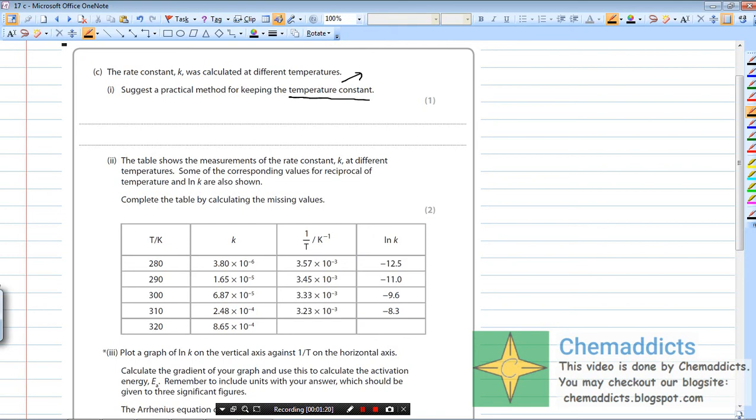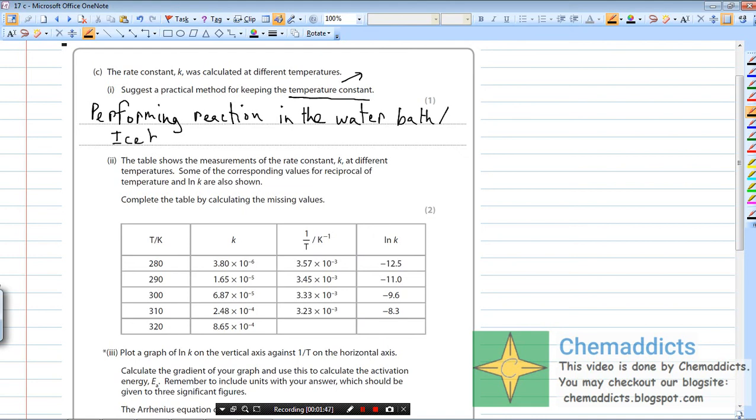So the answer to the first question is performing the reaction in the water bath or ice bath. Both will do, water bath or ice bath.